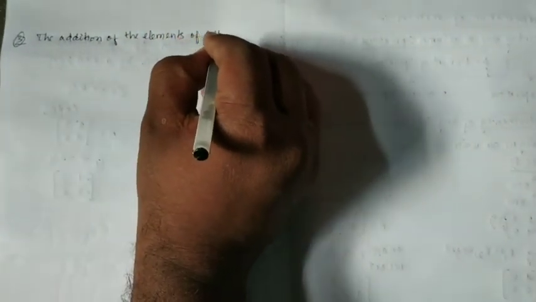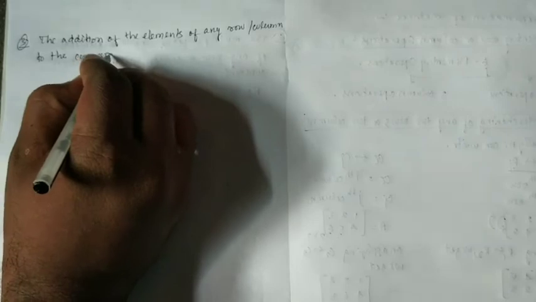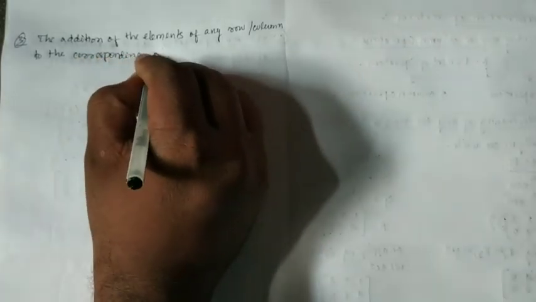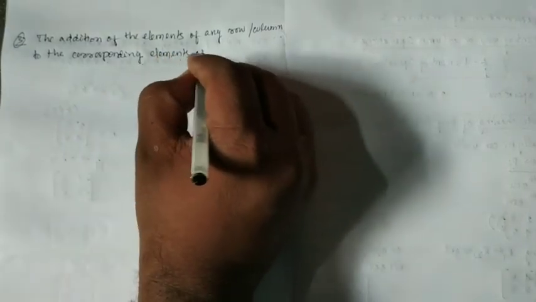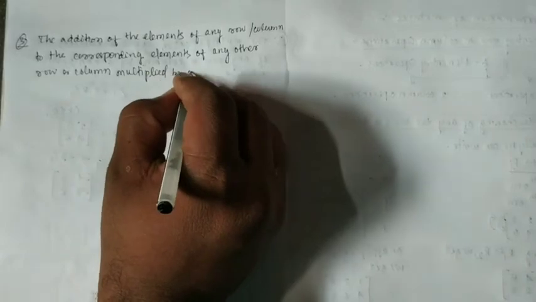The third elementary operation is the addition of the elements of any row or column to the corresponding elements of any other row or column multiplied by a non-zero scalar.